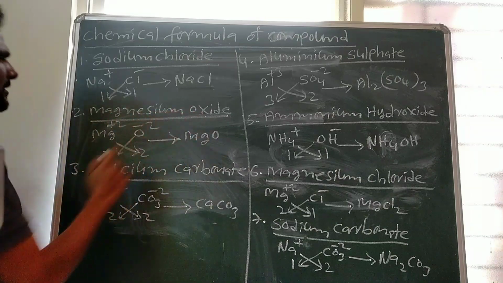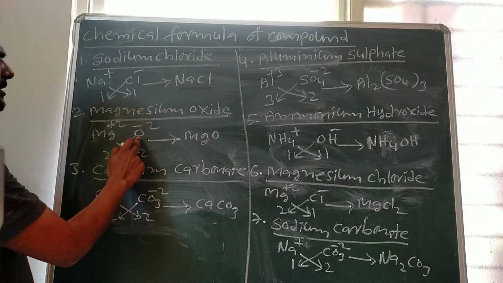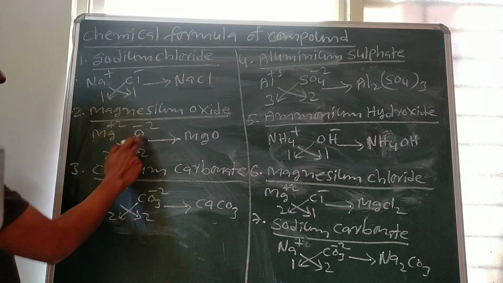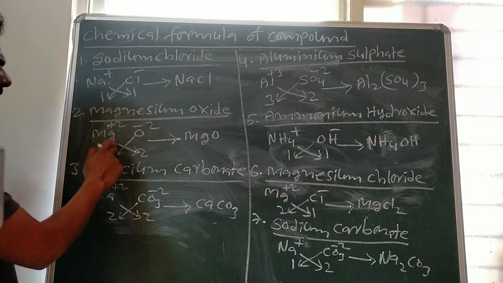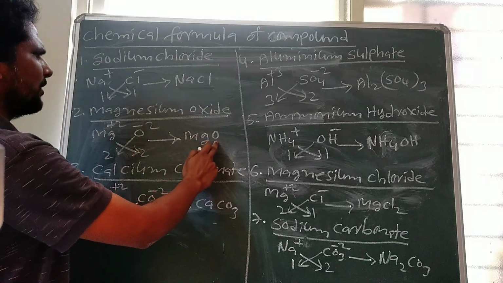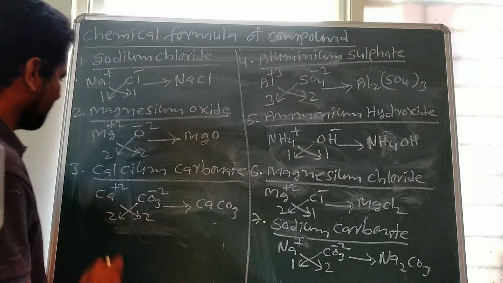Next, magnesium oxide. Magnesium radical formula Mg2+, oxygen radical formula O2-, charge on magnesium 2, charge on oxygen 2. Apply crisscross, meaning charges are exchanged oppositely, to form magnesium oxide. So the molecular formula of magnesium oxide is MgO.